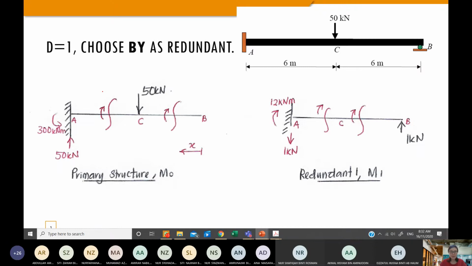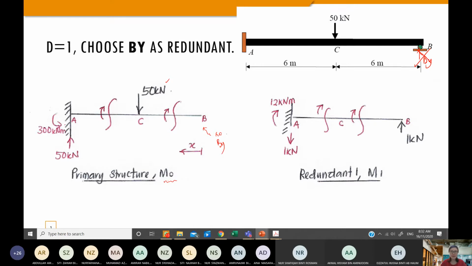We need to construct the M0 and M1. Just now when we take out the BY, there will be no BY here, so it becomes a cantilever beam. That's done for your primary structure. Remain the loads, don't take them out.